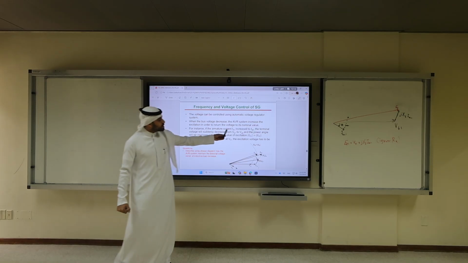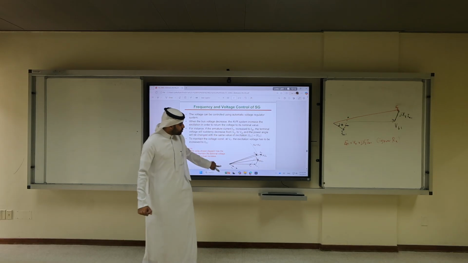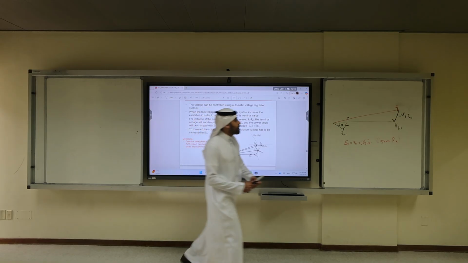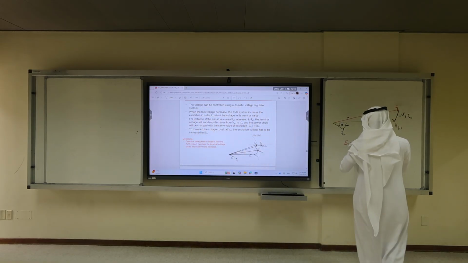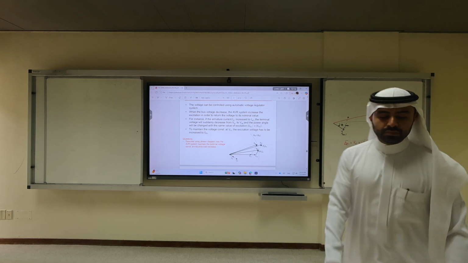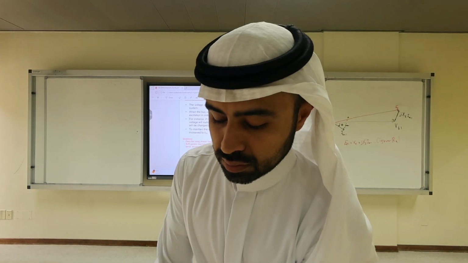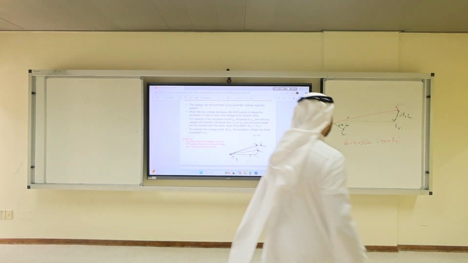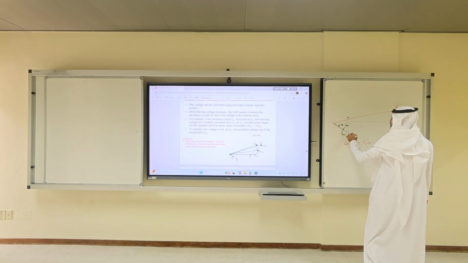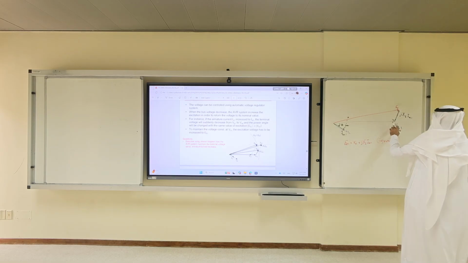The armature current I1 increased to I2. So we have the same power factor, but the magnitude is a bit more. So this is IA2. Put the same thing on the tip.